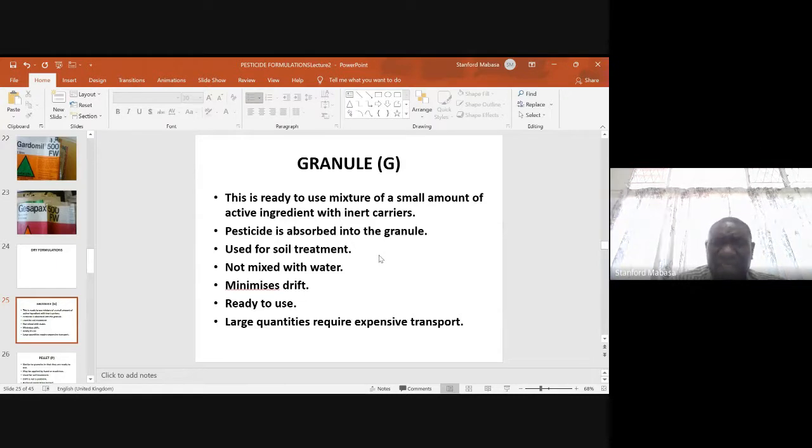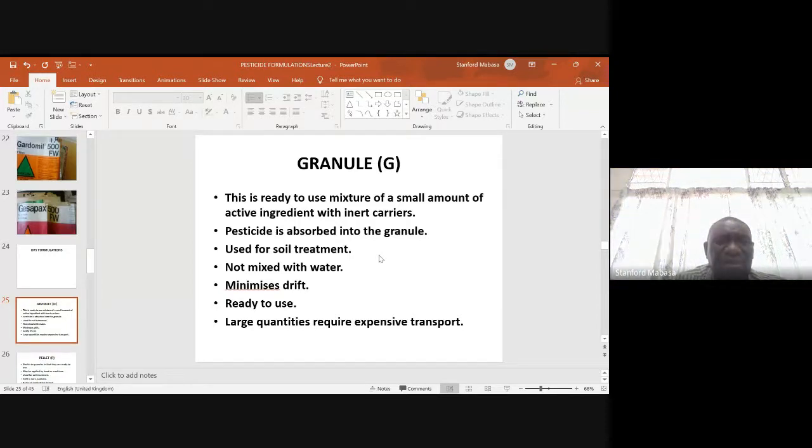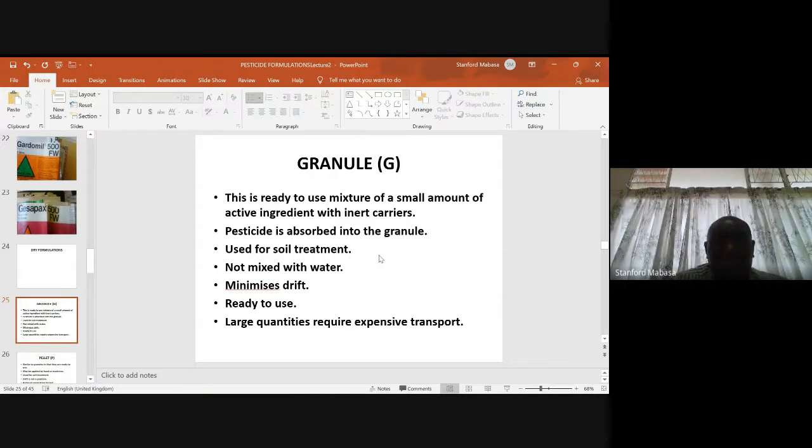So the pesticide is actually absorbed in the granule. This could be used for soil treatment. The good thing about granules is that you may not need to mix them with water. And it also minimizes drift when you are applying granules. And they are ready to use.